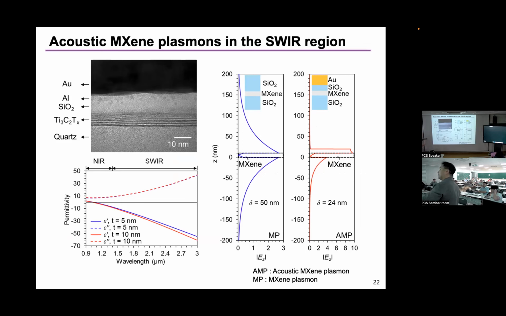Okay, so it's just the MXene, spacer layer and the gold structure, and then we measured the permittivity, and it shows very similar values, even with different thicknesses of MXene. And we can clearly see that the pure MXene structure has very poor confinement, but by introducing the acoustic plasmon model, the MXene plasmon is very tightly confined within the spacer layer.